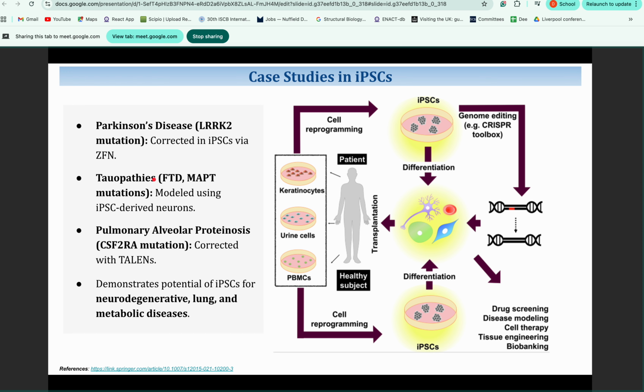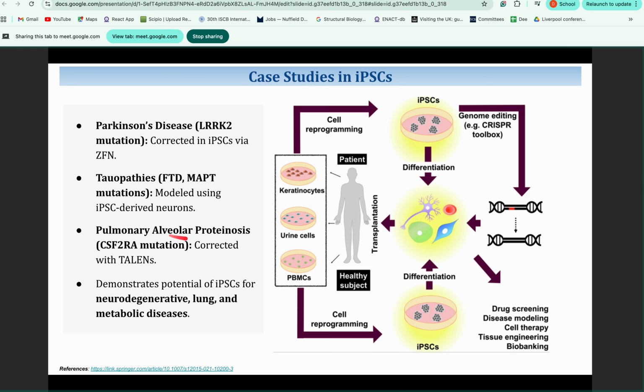So tau is generally, in these diseases, different proteins make a complex kind of structure, like fibrils, or as you can say, the amyloid clusters are formed in the brain. So when these tau factors combine together forming a cluster, that comes under the tauopathies.